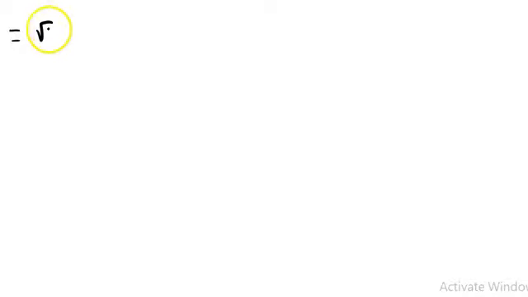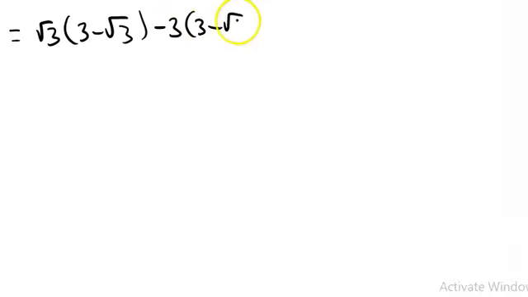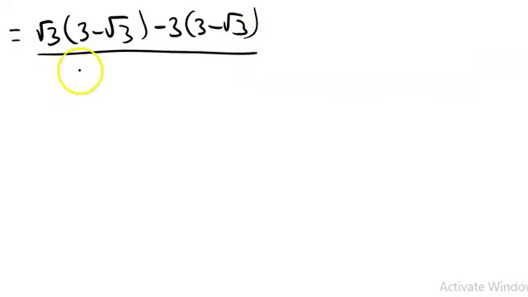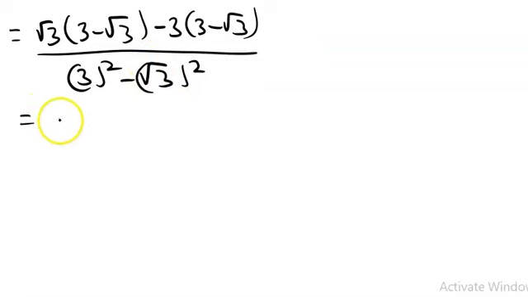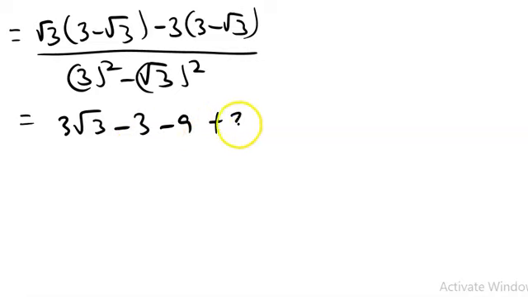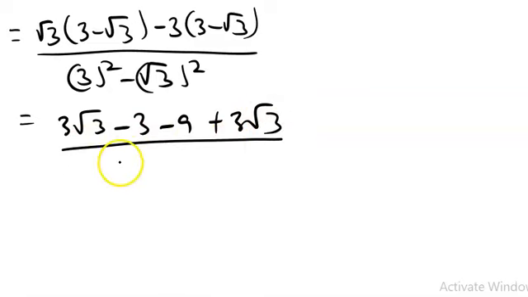So we begin to multiply. That is root 3 times (3 minus root 3) minus 3 times (3 minus root 3). And then at the denominator we have difference of two squares, which is 3 squared minus root 3 all squared. So we have 3 root 3 minus 3 minus 9 plus 3 root 3 over 9 minus 3.